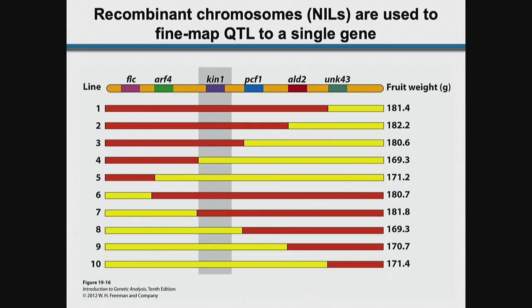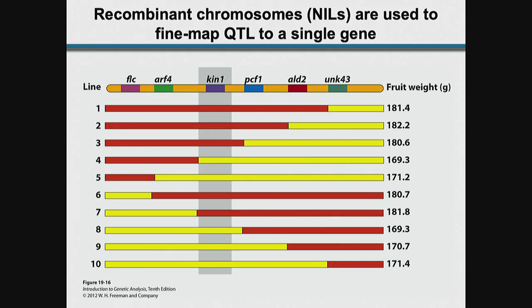If we look across, we can see, okay, the large Beefmaster is about 180 grams. The small Sun Gold is about 170 grams, all right? So if we look at this locus, lines 1 through 5 all have the large-fruited parental allele, but there's a real range. Some of them have similar fruit weights to the large-fruited parent, and some to the small Sun Gold parent.